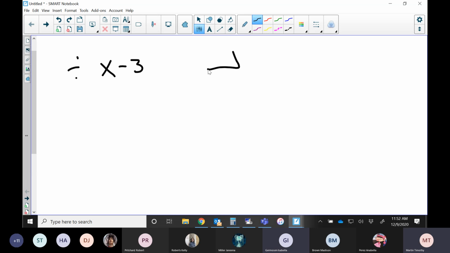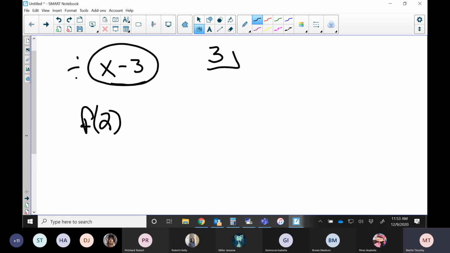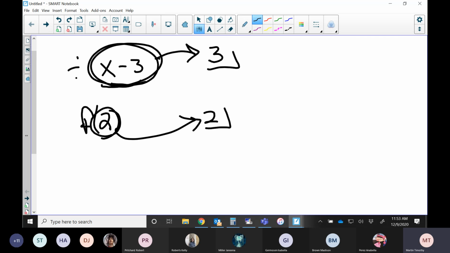For the division, what makes this 0 goes in the box. If I said f at 2, and I said I want you to use the remainder theorem, what goes in your box? The 2. Do you see how people mix those up? What makes this 0 goes in here. The actual number you're plugging in goes in there.